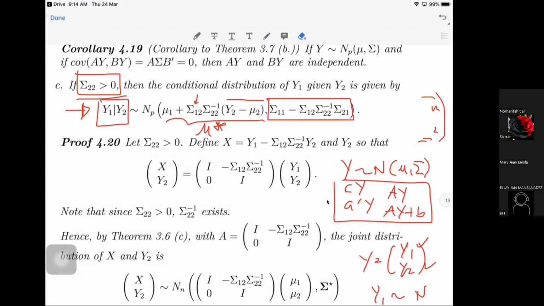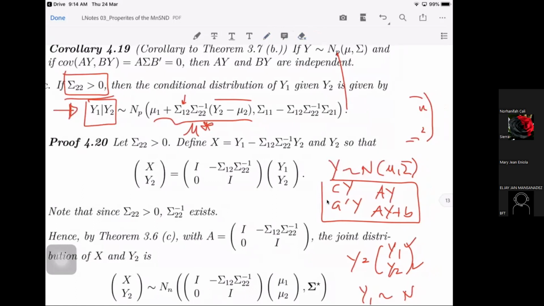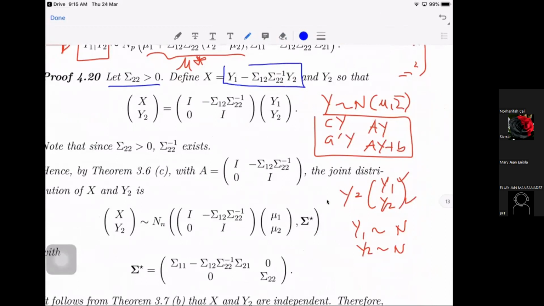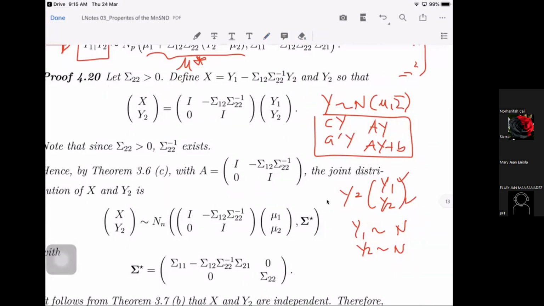To prove that, this is the assumption. Now we will let x be this term here.